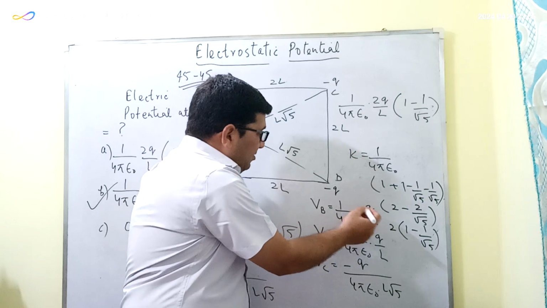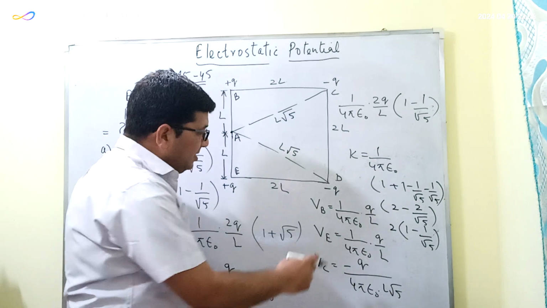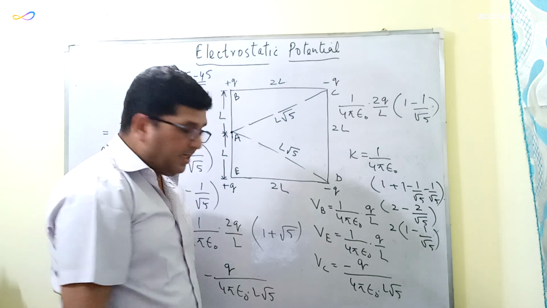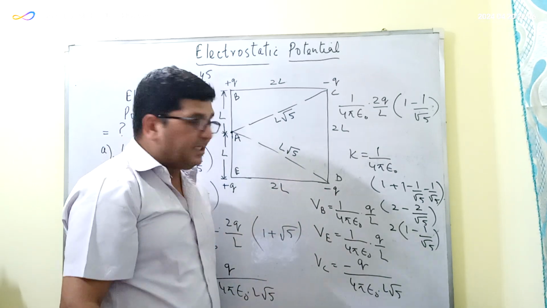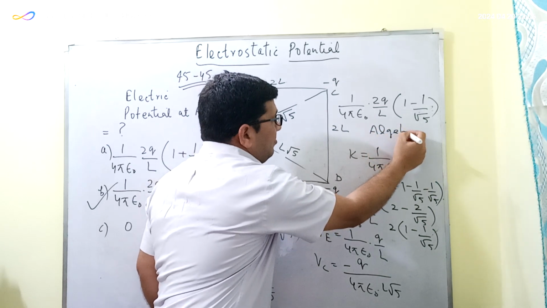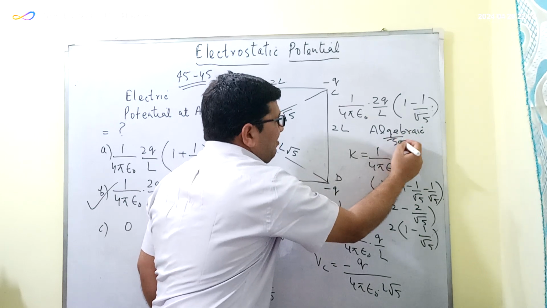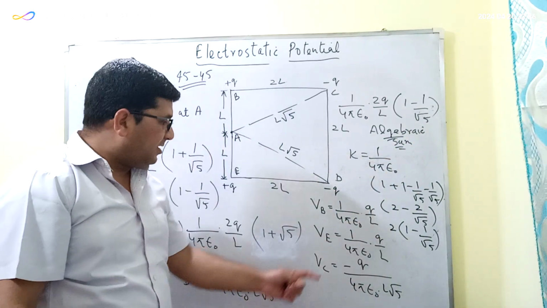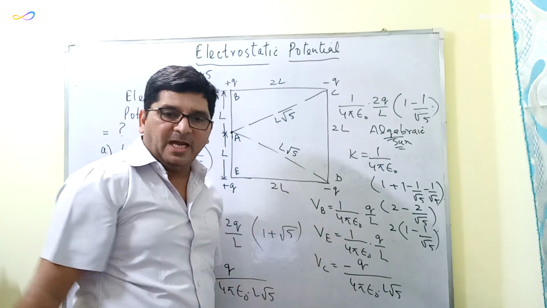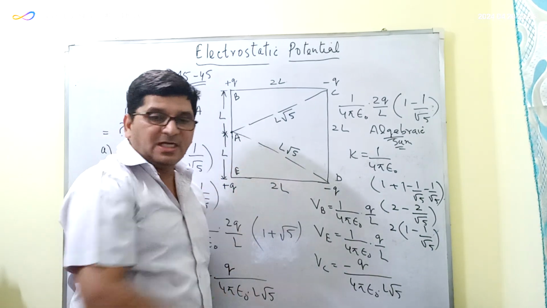Plus Q means you don't have to write this plus sign. So in that case, the potential will be positive. ठीक है? And simply you have to add it up. Addition will be algebraic addition, algebraic sum. Algebraic sum के मतलब होता है with a proper sign. Proper sign means negative charge होगा तो negative potential, positive charge होगा तो positive potential, and then add all these potentials to get the final potential at that point.